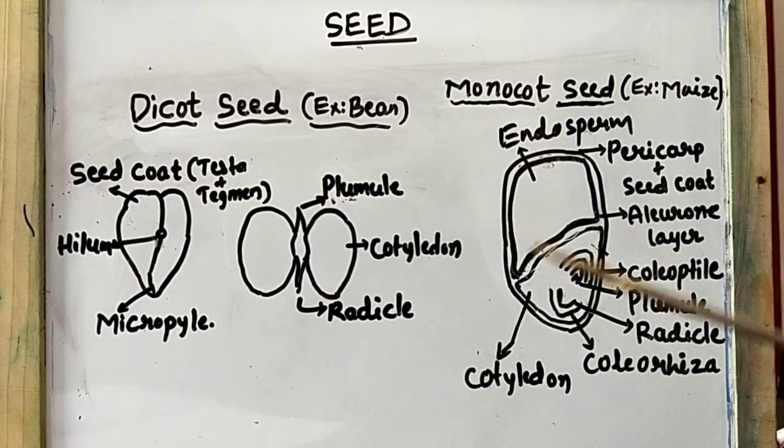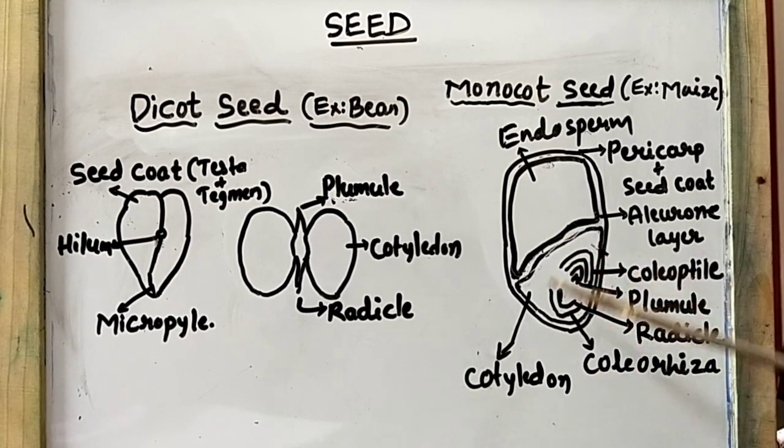So this is about the cotyledon. Another thing you are seeing in this cotyledon is the coleoptile. What is this coleoptile? It is a covering present on the plumule. It covers the plumule. What is the plumule? It is the embryonic shoot.